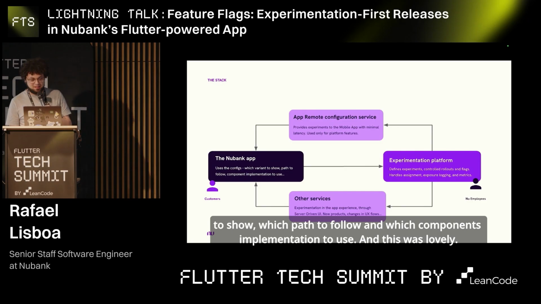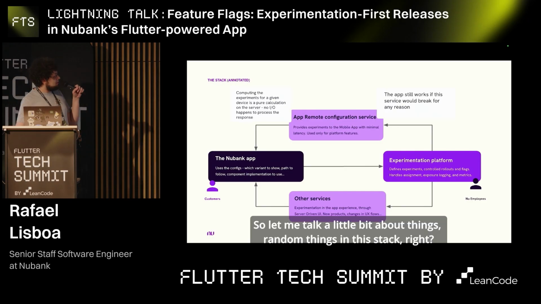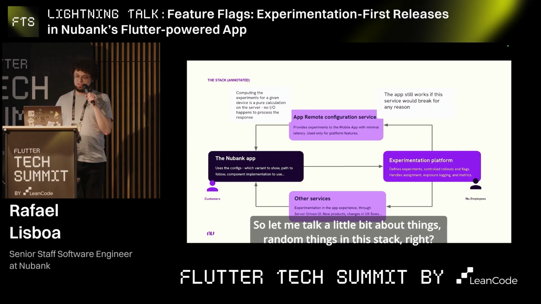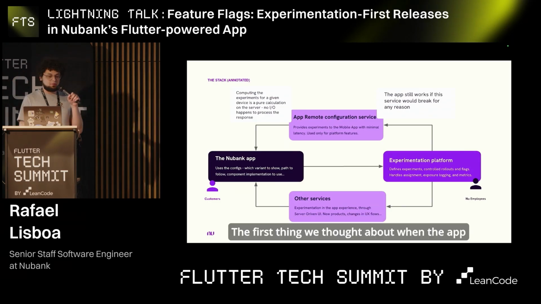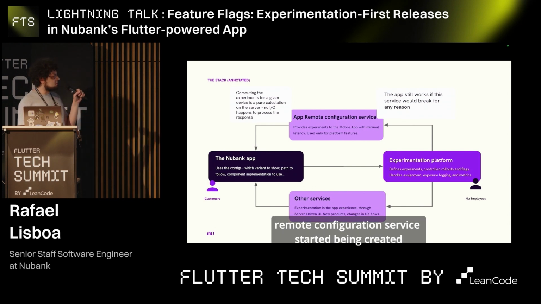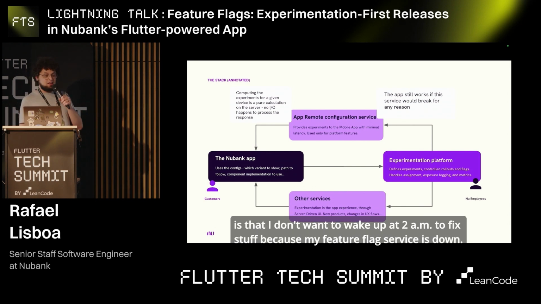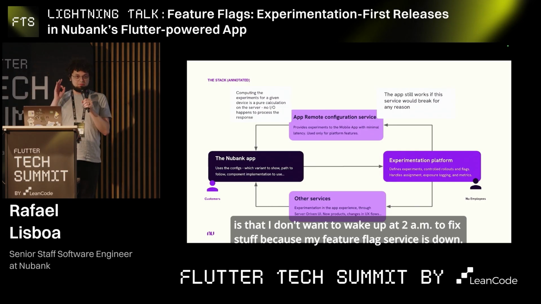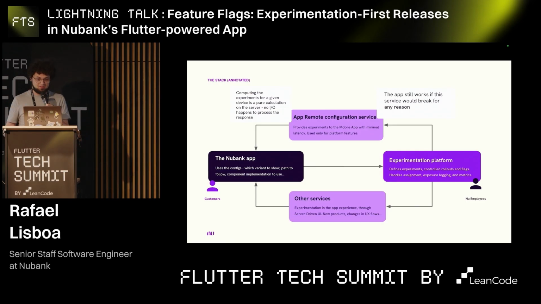And this was lovely. So let me talk a little bit about random things in this stack, right? The first thing we thought about when the app remote configuration service started being created is that I don't want to wake up at 2 a.m. to fix stuff because my feature flag service is down.